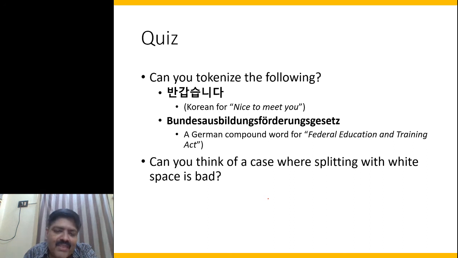Even if there are white spaces, there are many cases where splitting with white space can lead to really bad results. Can you think of one such case? Please pause the video here and think of a case where there exists a white space, but if you split with white space, then you end up with a completely different semantic unit, which is not worth indexing.